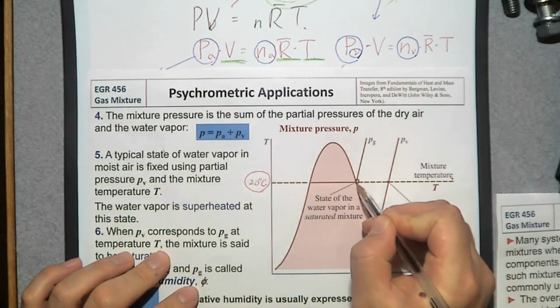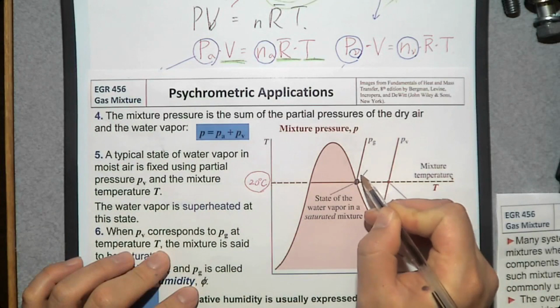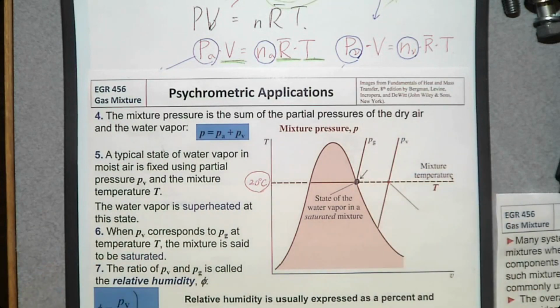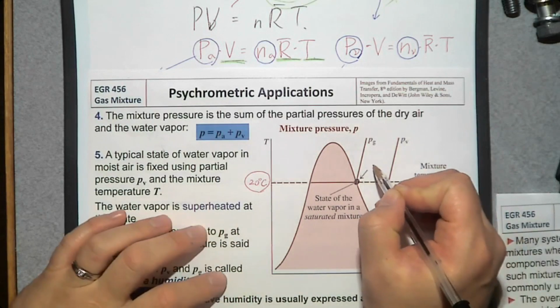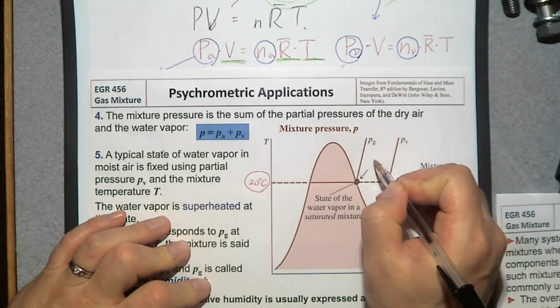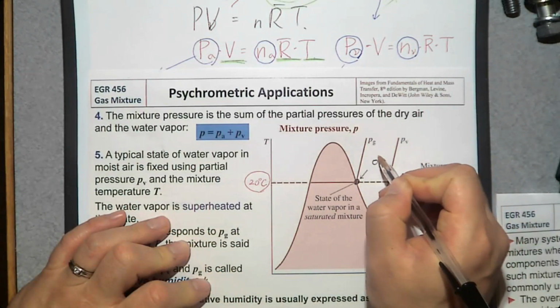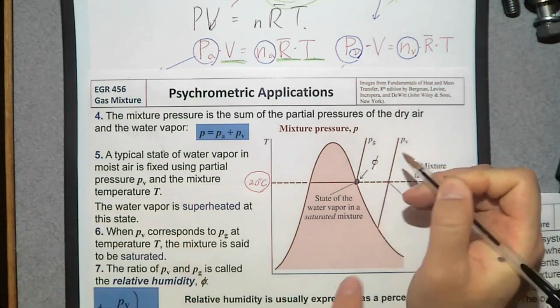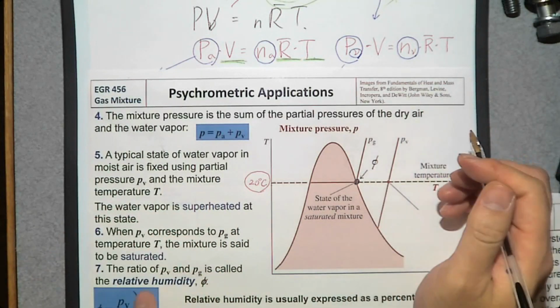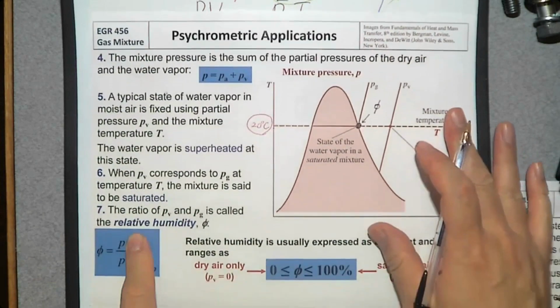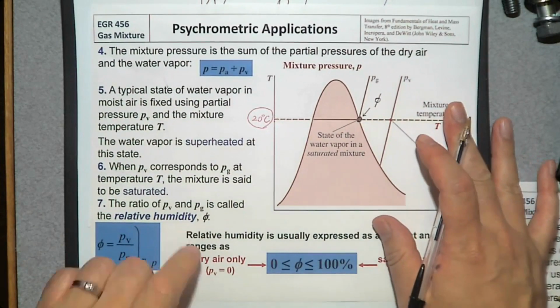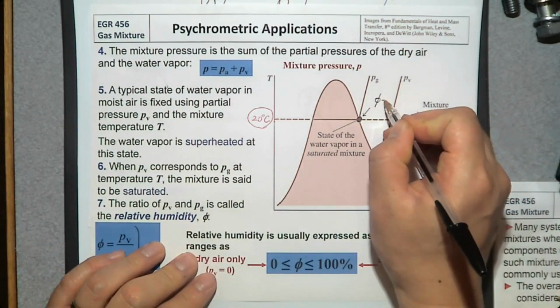And this point is when the air in this classroom has the maximum amount of water vapor, that is saturated vapor. So at this point, the relative humidity of moist air is going to be 100%.